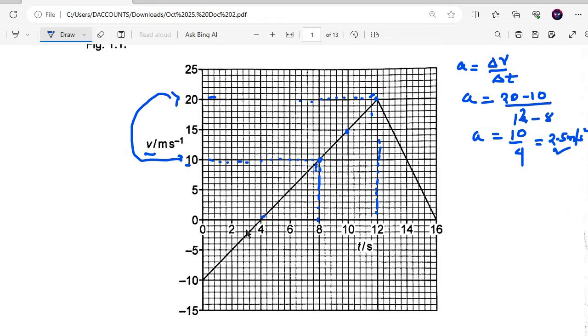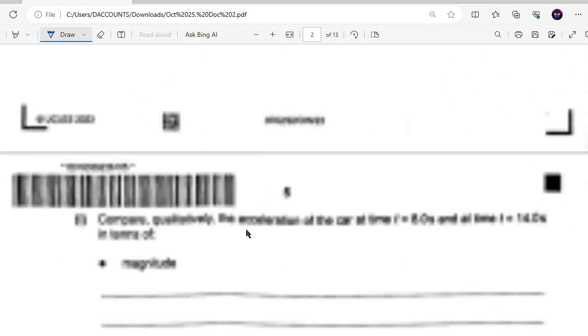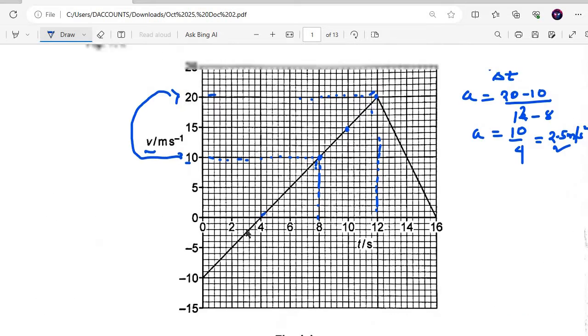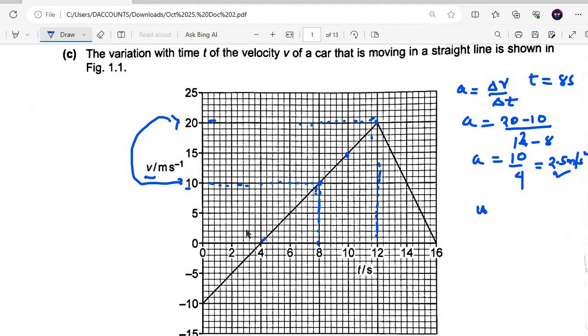You have to compare acceleration. This is when t equals 8 seconds. You have to compare with when t equals 14 seconds. Now when t is 14 seconds, what's the acceleration?